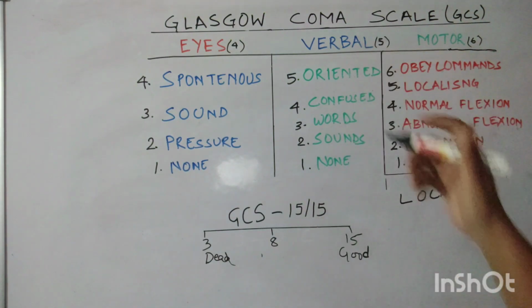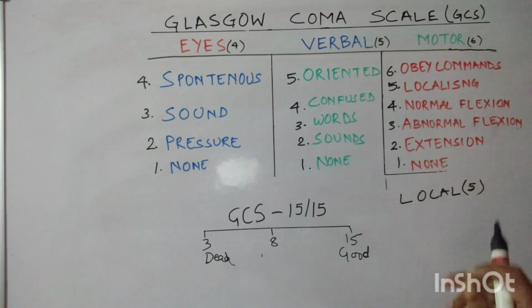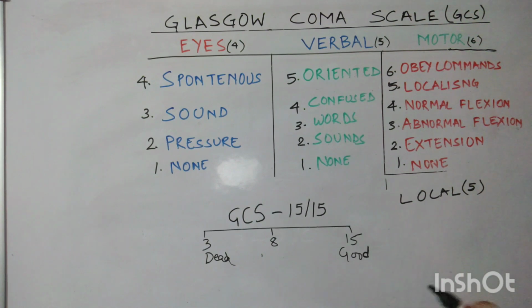In verbal you can see, oriented means whenever you talk to a patient, he knows where he is, what his name is, and he will cooperate easily. Orientation means knowing where he is, the time, the place and his identity.